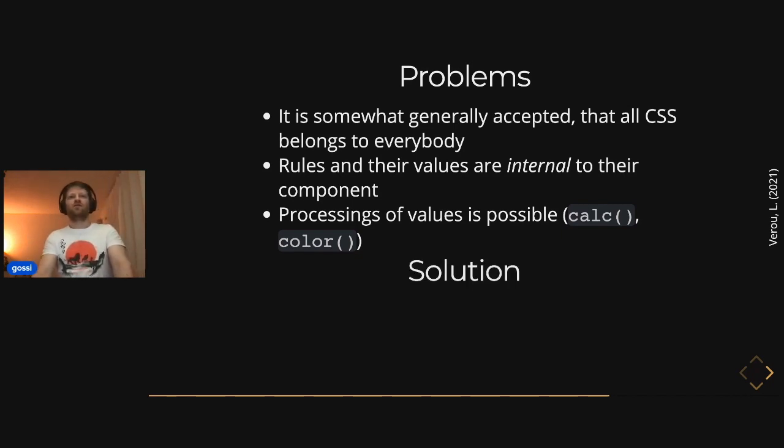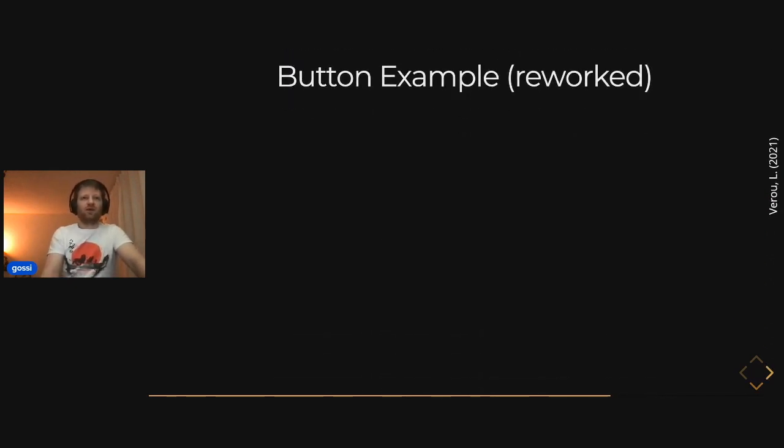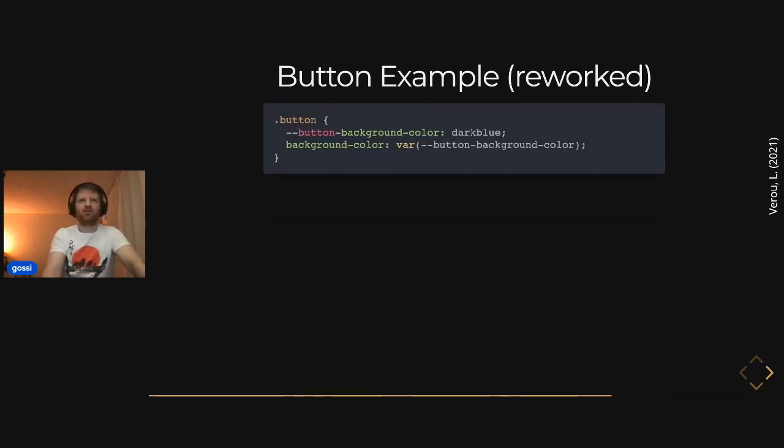So what can we do against that? We provide a stable API for passing in values from the outside, and we use CSS custom properties for that. So in our button example, just revert. We add a custom property, button background color.